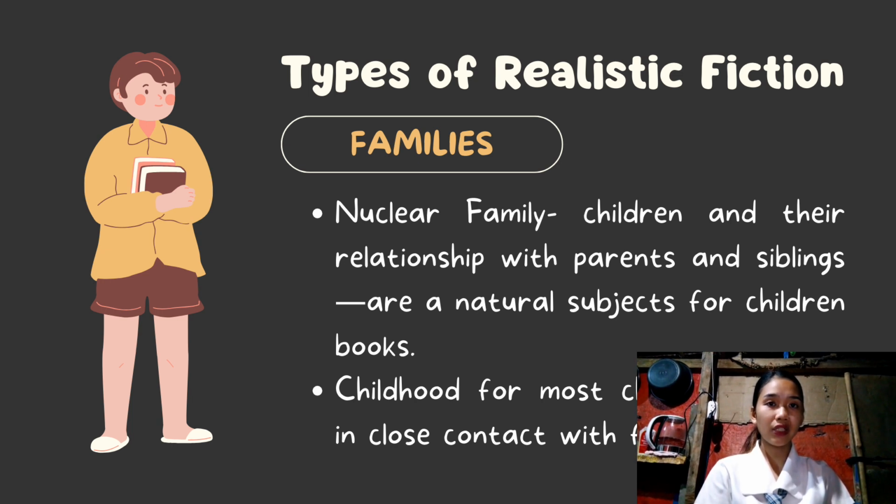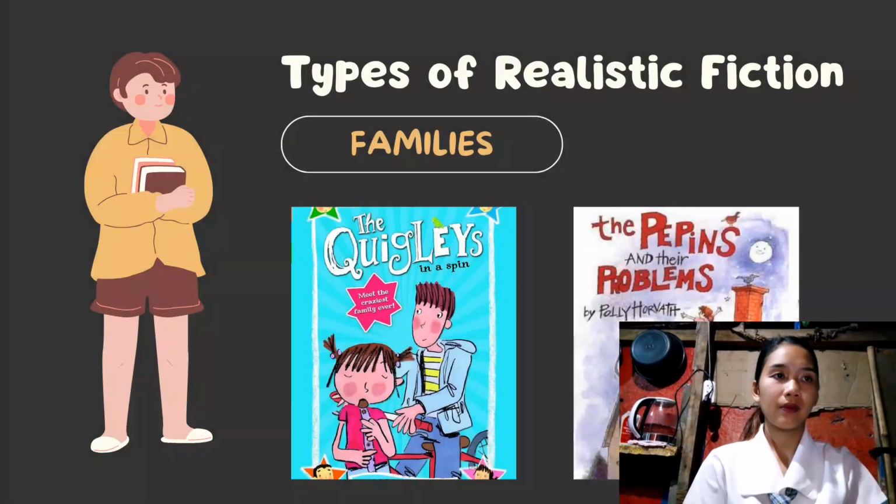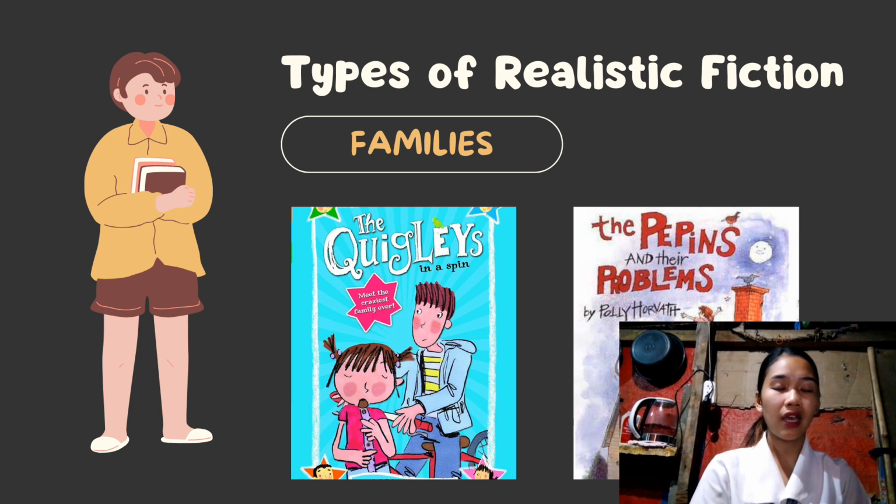So they reassure readers that family bonds, even when imperfect, also provide stability and love. These are examples of children's literature or realistic fiction books: the Quigleys and the Pippins and their problems.